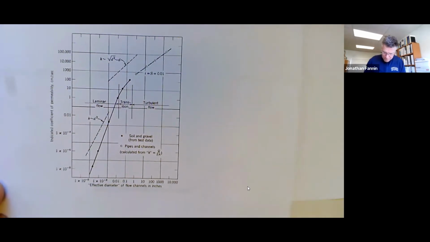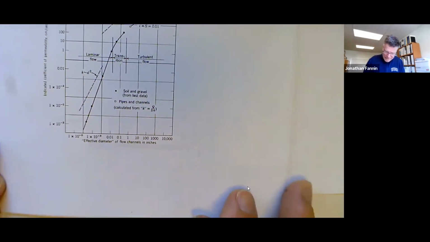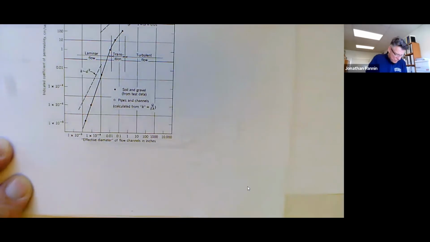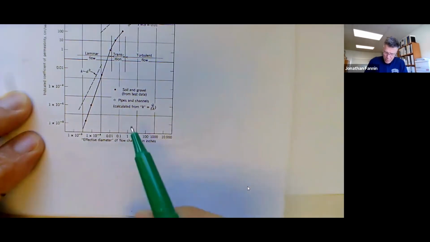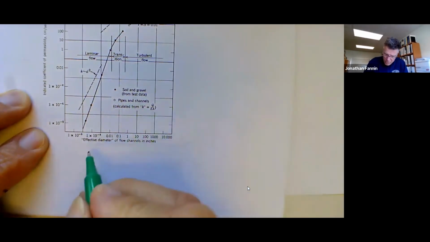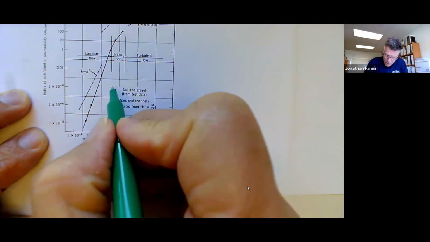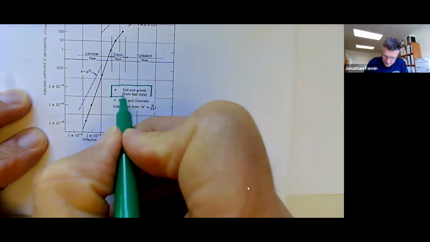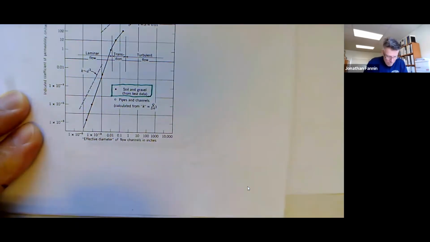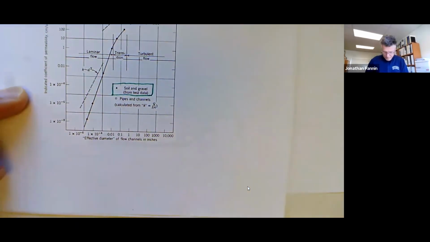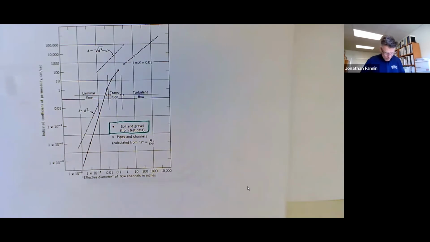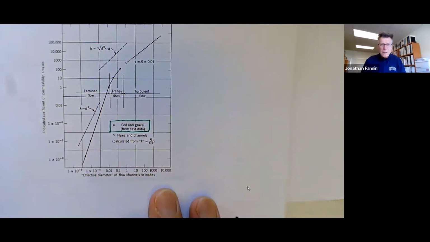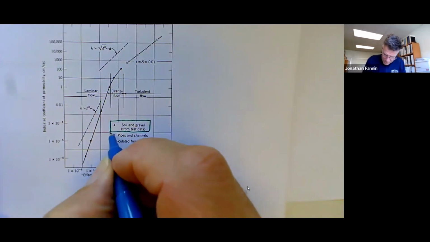It's from Cedergren. And he compiled these data. Very interesting data. Data on permeability versus, we'll talk about effective diameter in a second, but look, data from soil, sands and gravels, and data on pipe flow. Data on pipes and channels.